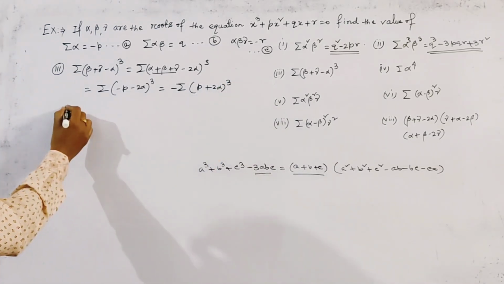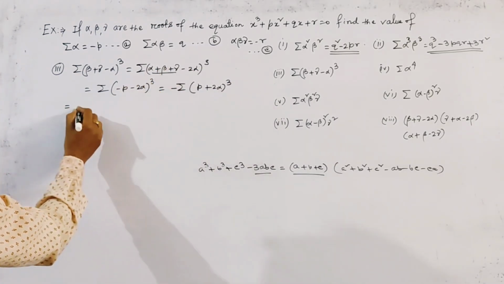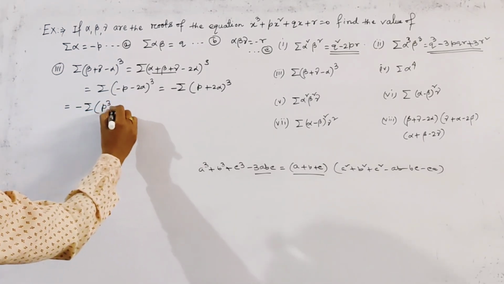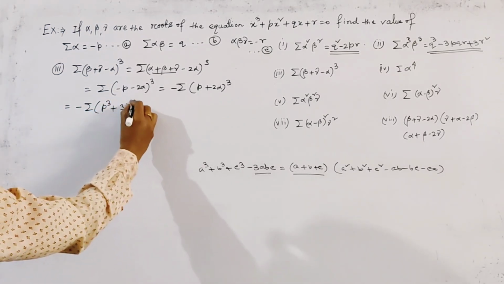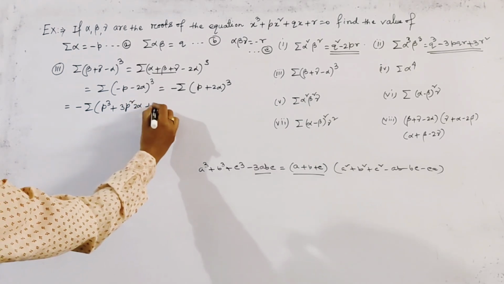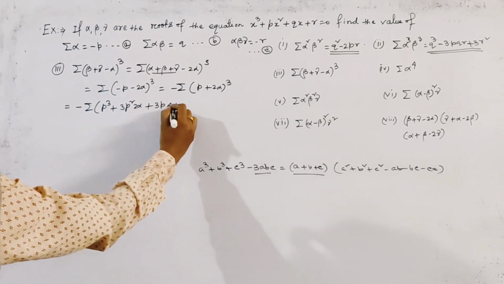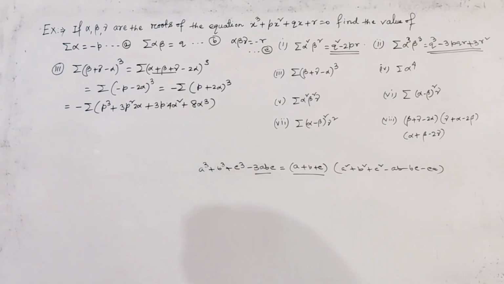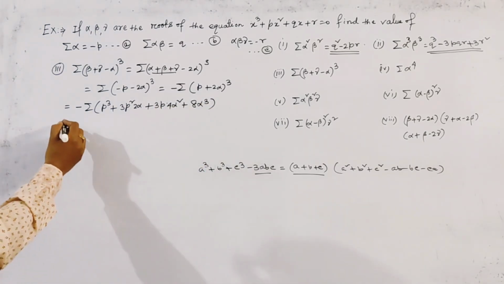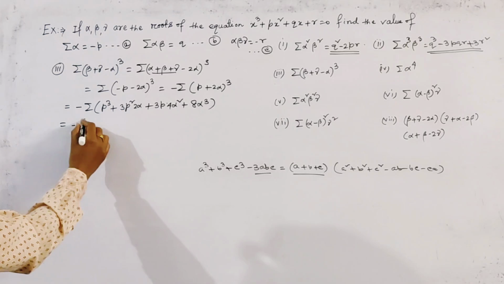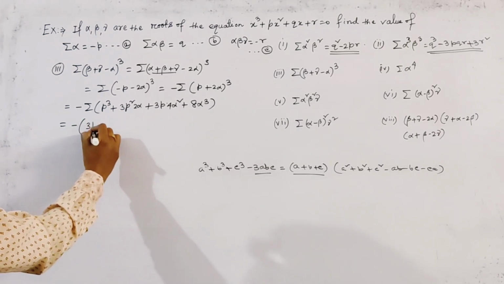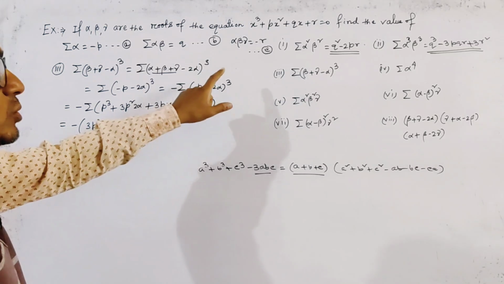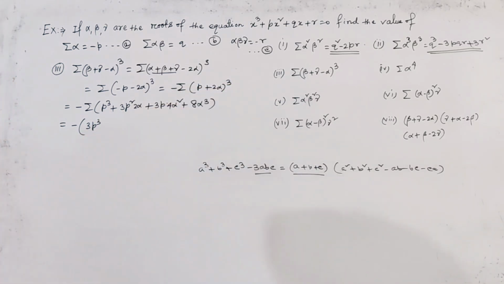Now if we expand this whole cube, minus summation p cube plus 3p square into 2 alpha plus 3p into 4 alpha square plus 8 alpha cube. Summation p cube means 3p cube, because we get p plus 2 alpha whole cube, p plus 2 beta whole cube, and p plus 2 gamma whole cube.